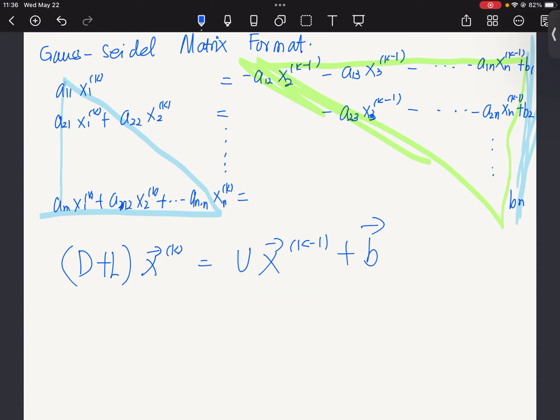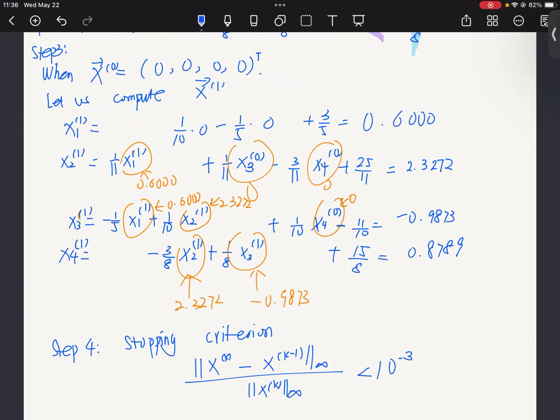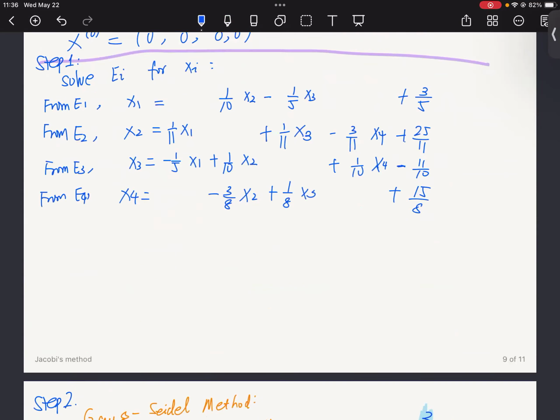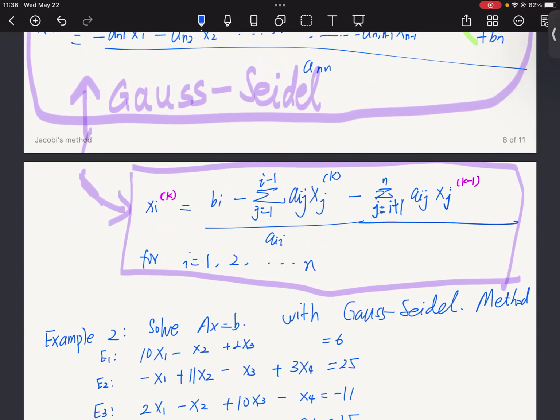So now, the question is, let's write out the iteration formula. You will see this is the iteration formula: x_i^k equals something on the right-hand side, and I'm going to also write the matrix format this way.